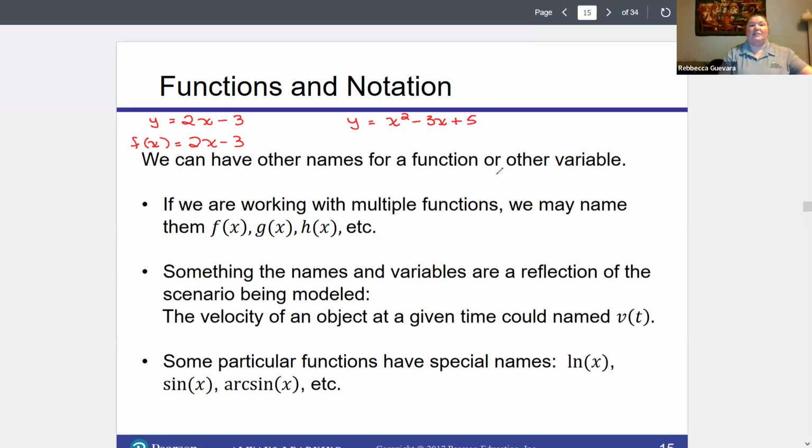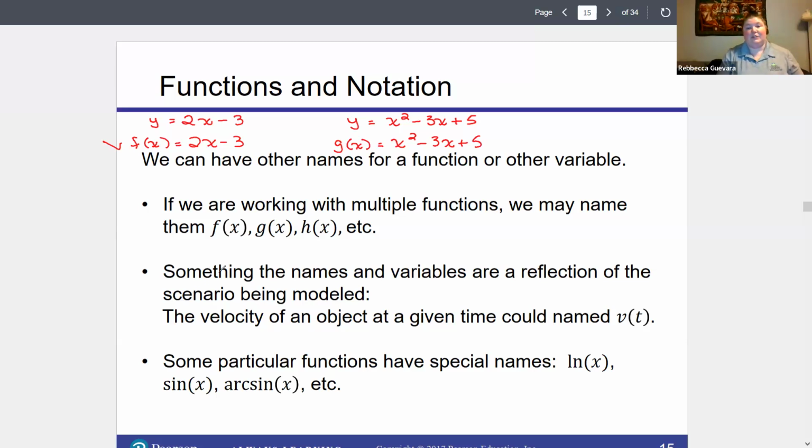So if I want to talk about it as a function, I can't use f because I already used it here. I'd end up calling this one maybe g of x. So f of x, g of x, h of x, etc., those are just different function names. We also have some very specialty functions as well.